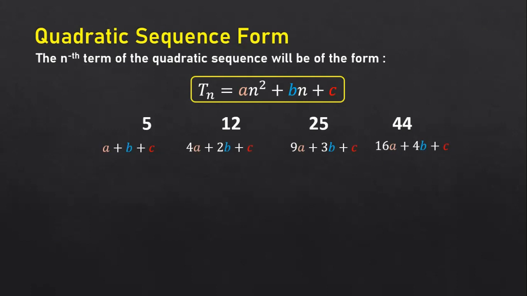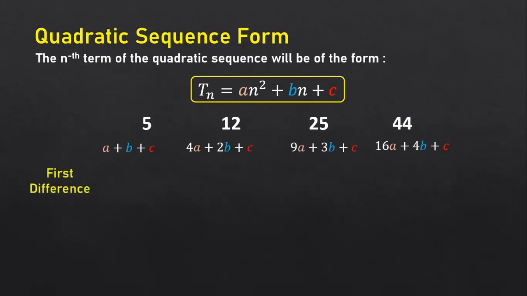For the third term, n equals 3, we got 9a plus 3b plus c. And for the fourth term, we got 16a plus 4b plus c. Very clear, right? Okay, students, now we go to the next topic.